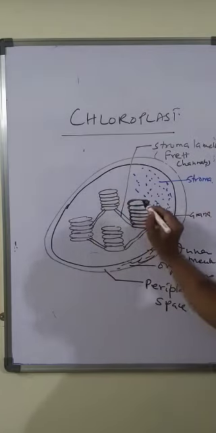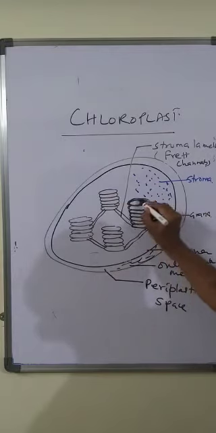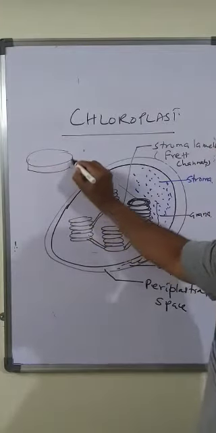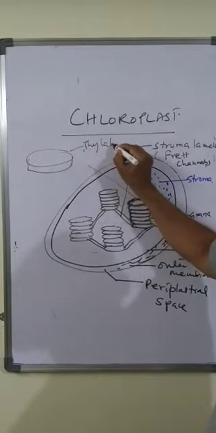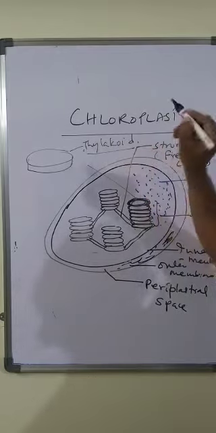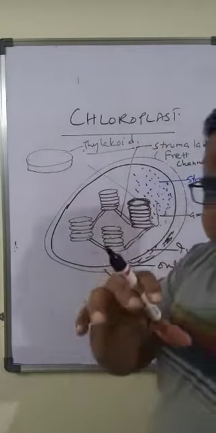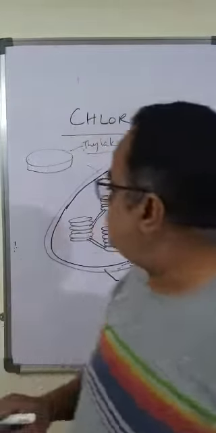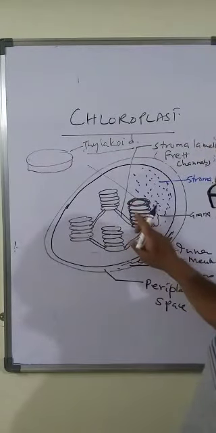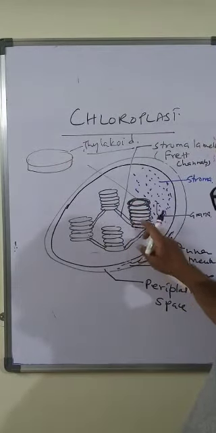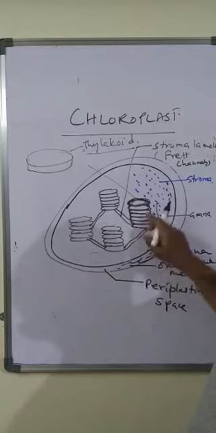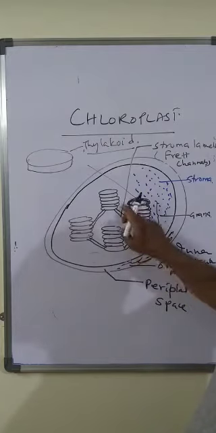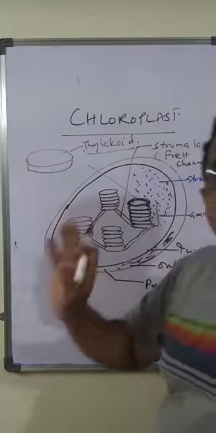In each grana, the spherical shaped body present is known as thylakoid. Thylakoid is a membranous or lamella-like structure. These membranous structures are arranged one above another, and one grana is attached to another grana through tubular structures known as stroma lamellae or fret canals.